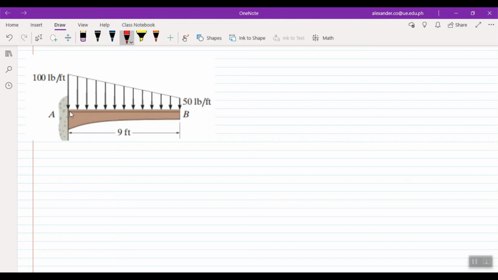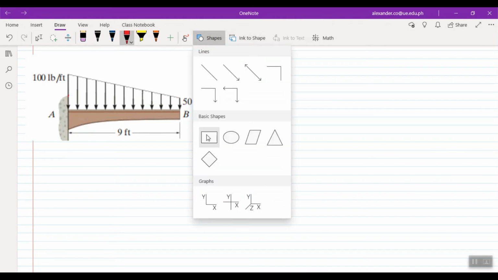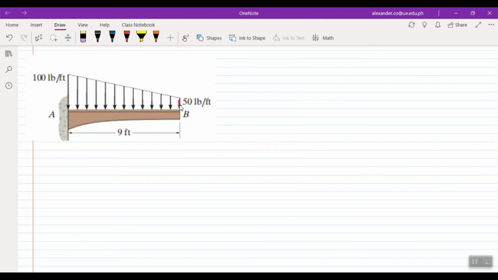So, gagawin ko, hatiin ko muna, tatansyahin ko na lang dito. Hatiin natin sa isang triangle at isang rectangle. Okay? O nga pala, meron na atang ganito. Hatiin natin sa dalawa. Ayun. Isang rectangle.